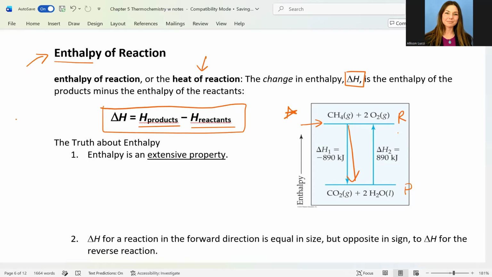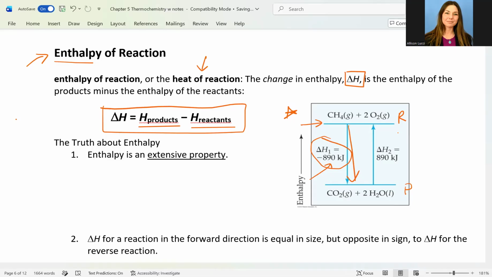And notice that I have this delta H1, this change in enthalpy value here of negative 890 kilojoules. So that's showing that my reactants going to my products are going to be releasing energy in the form of heat in this exothermic process in the amount of negative 890 kilojoules. So whenever we see heat being released in an exothermic process, we expect to see that negative delta H.